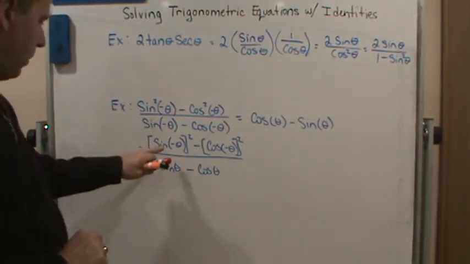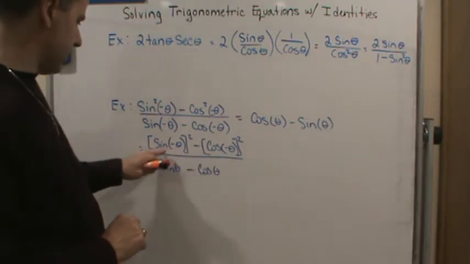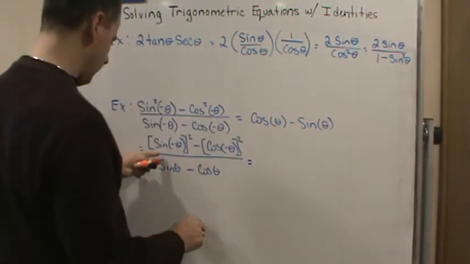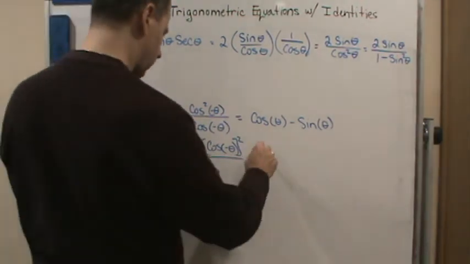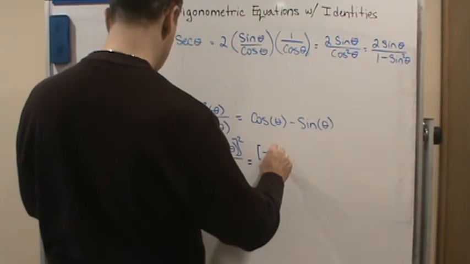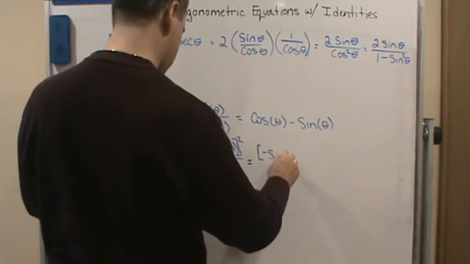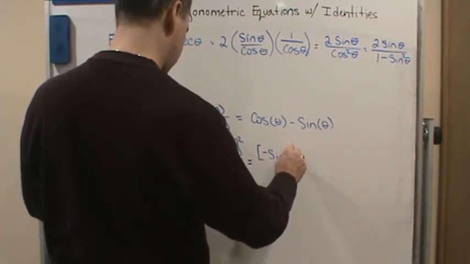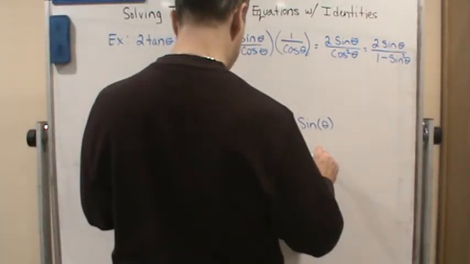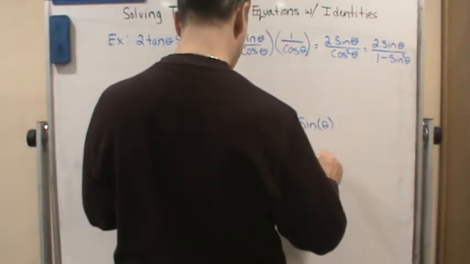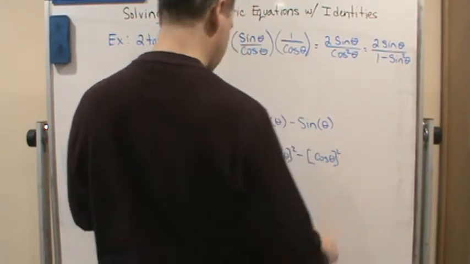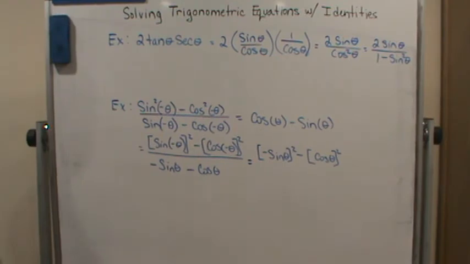Okay? So now I can use the even and odd inside here, and so let's rewrite that. So now I get the quantity negative sine theta squared minus cosine theta quantity squared.